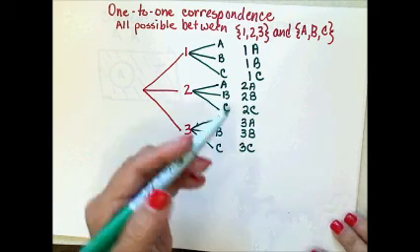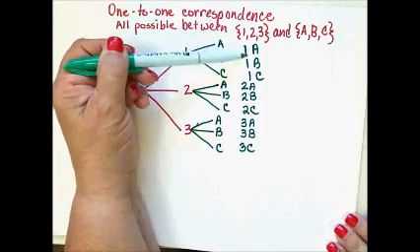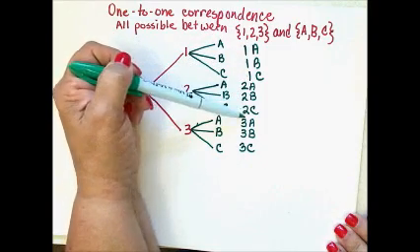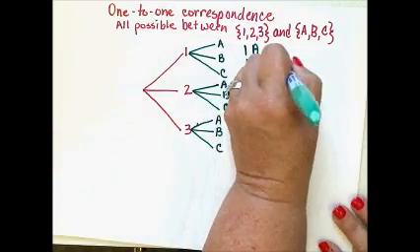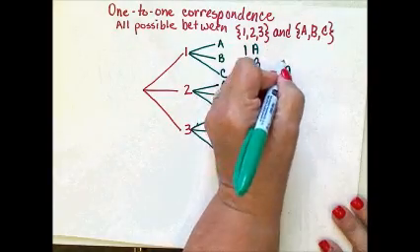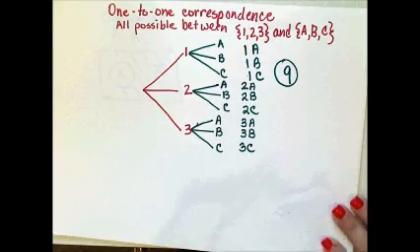So I have how many different? 1, 2, 3, 4, 5, 6, 7, 8, 9. Okay.